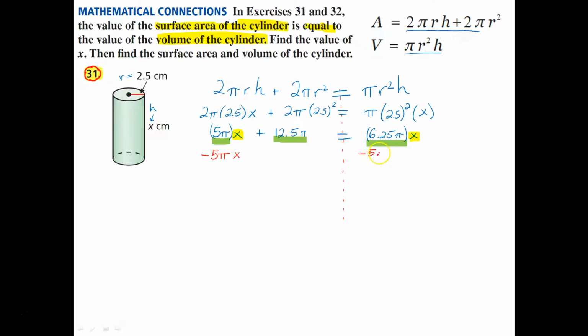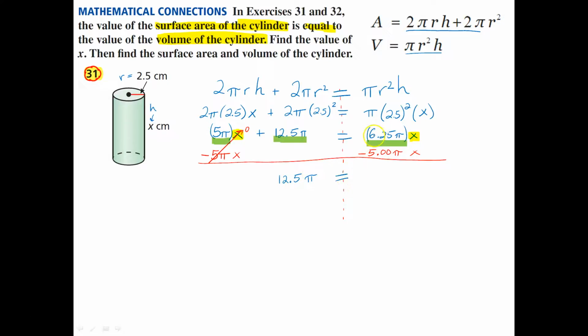and 5 is the same as 5.00. So over here, 5 pi x minus 5 pi x is 0. So on the left, all we have left is 12.5 pi.